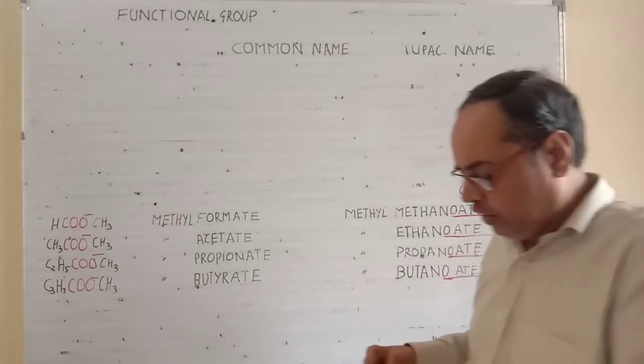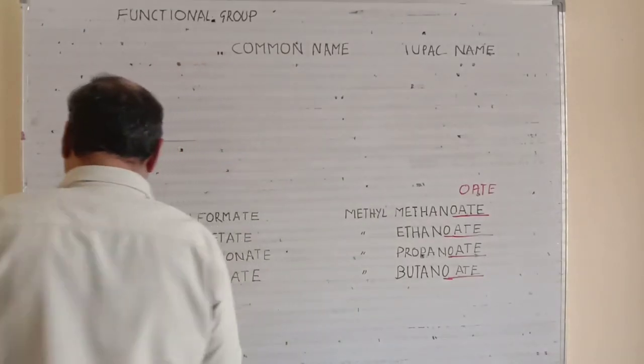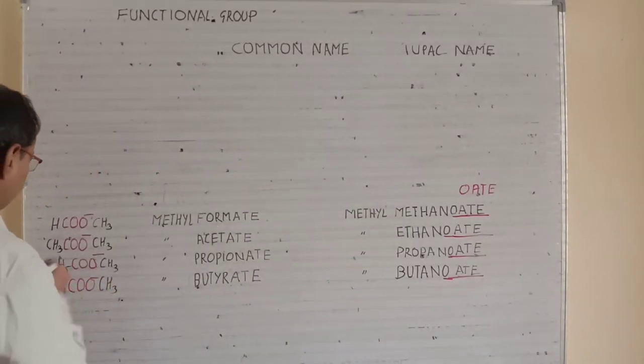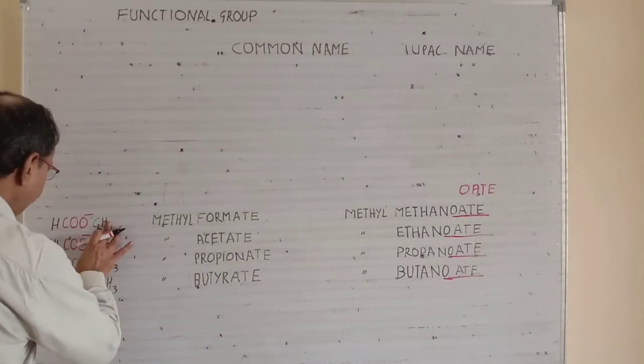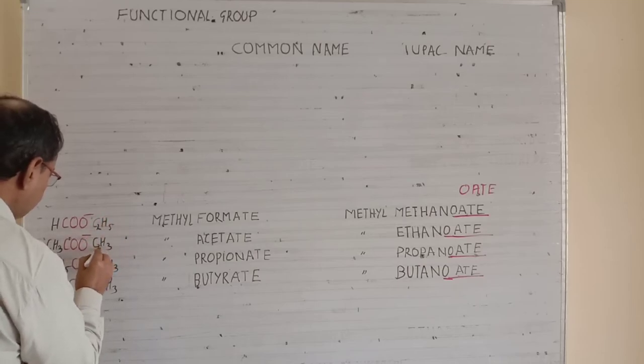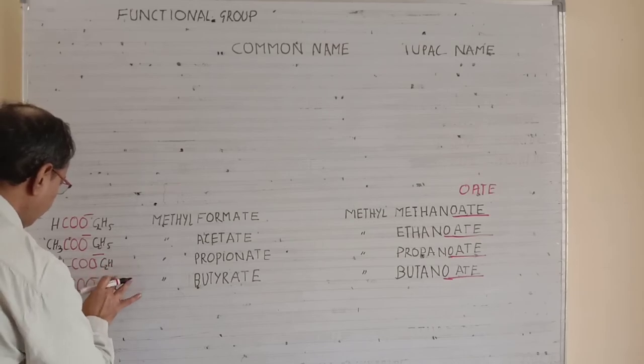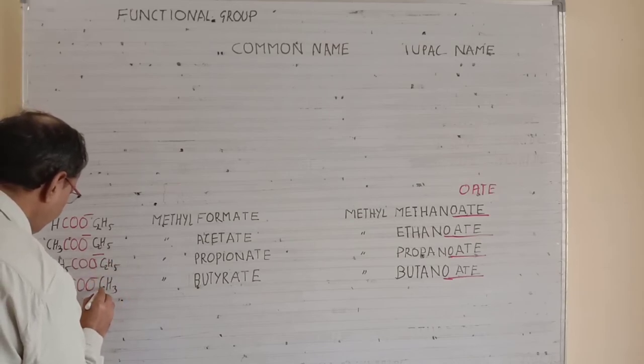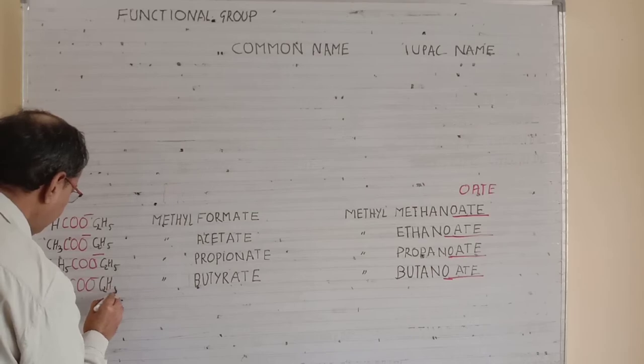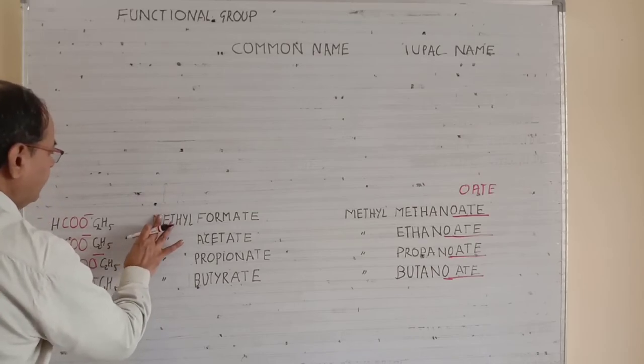Okay. Now suppose I put a C2H5 here. So it will be ethyl.